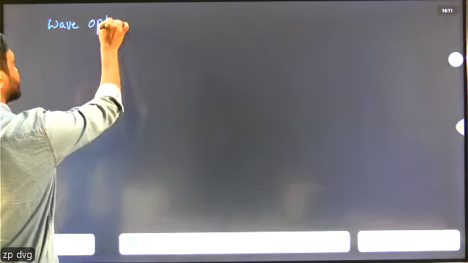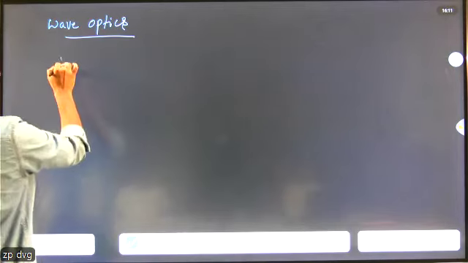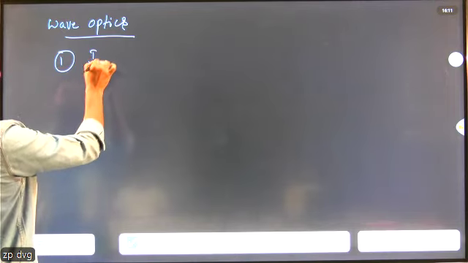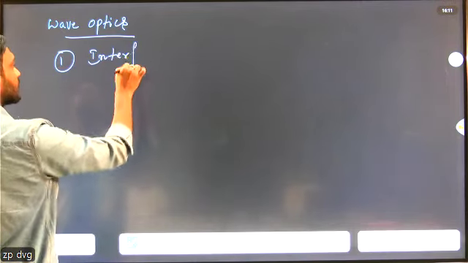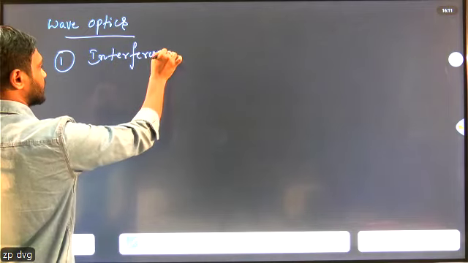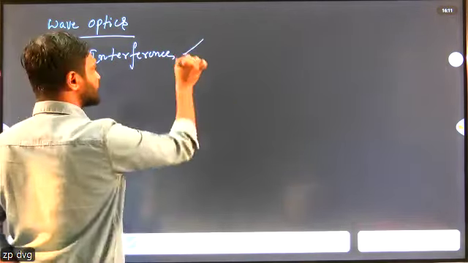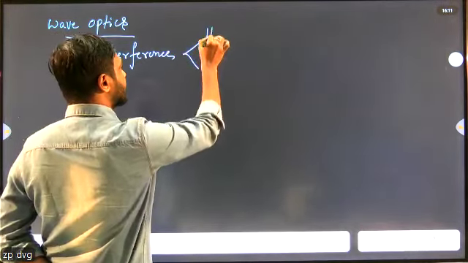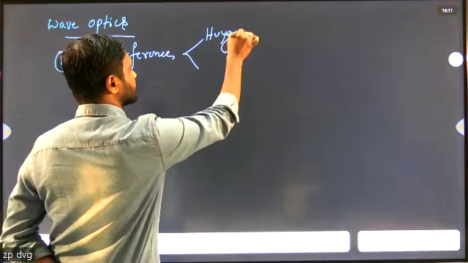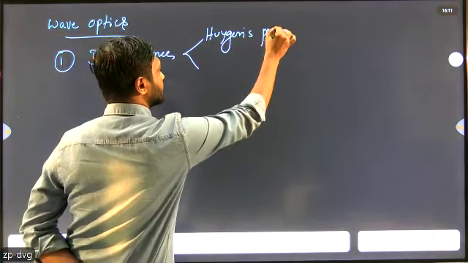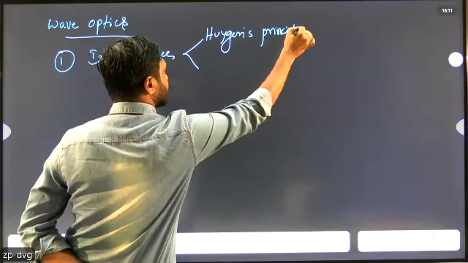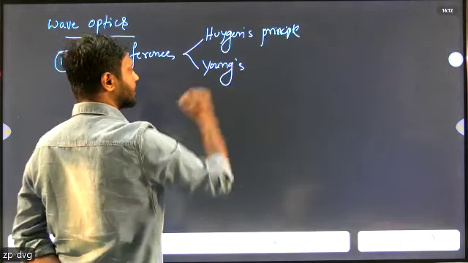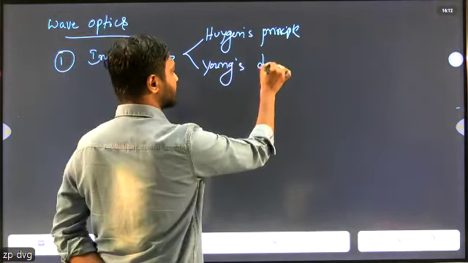In this chapter, we discussed some important topics. On the very first day, we discussed the concept of interference, and before that, Huygens' principle. In interference, the most important concept is Young's double slit experiment.